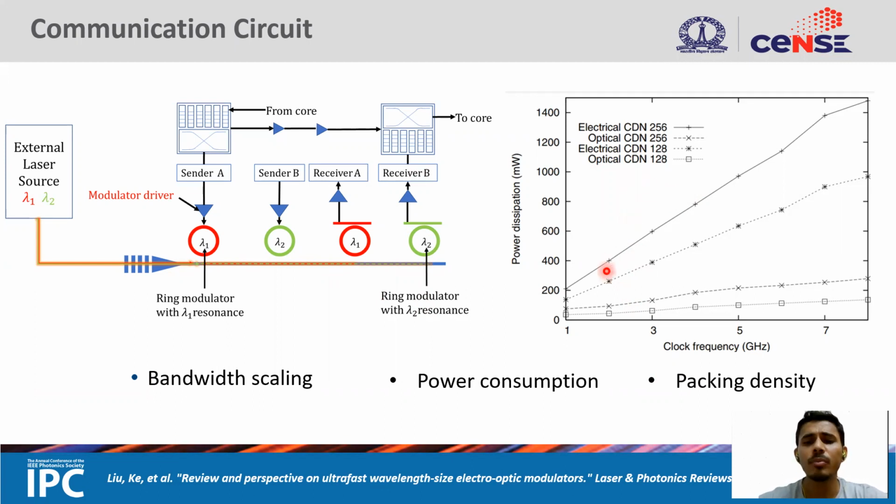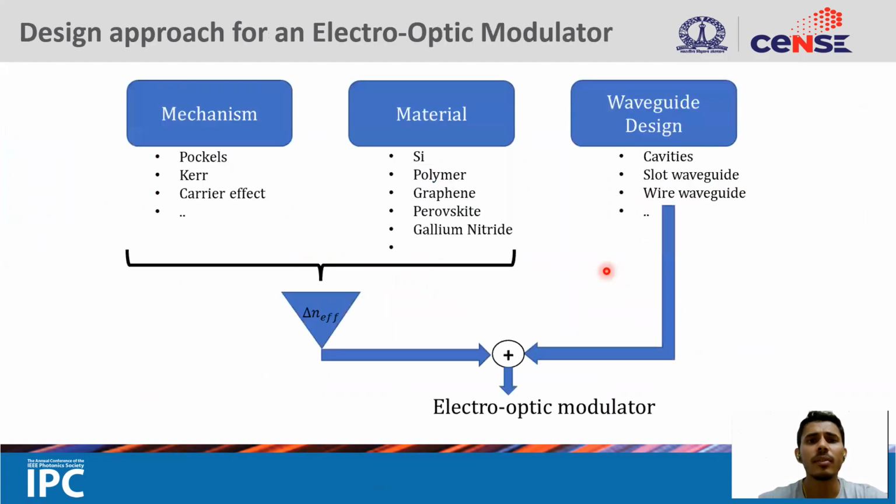Now, taking this motivation into account, we proceed ahead with the electro-optic modulator design approach. What does a design approach mean? What are the mechanisms that you would want to choose to have an efficient electro-optic modulator? Once you choose a mechanism, you would want the material best suited to harness that mechanism.